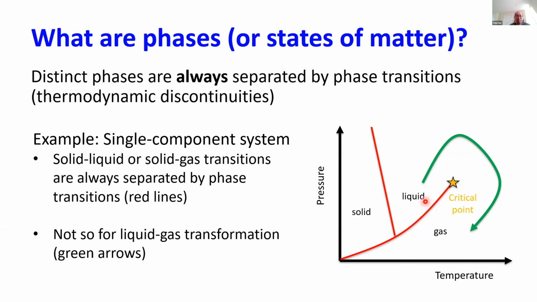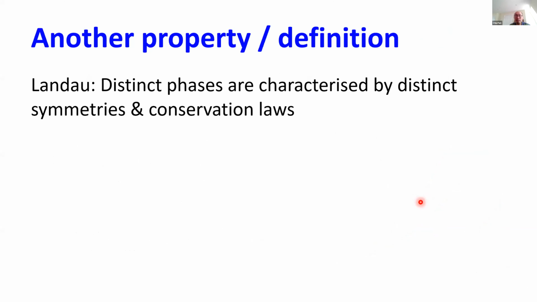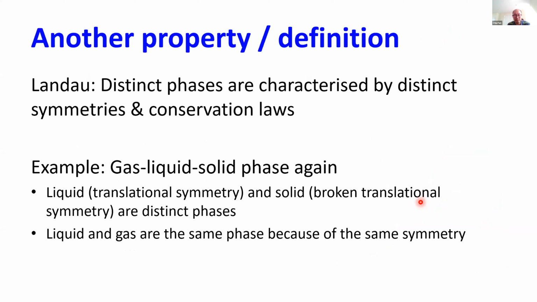And if we look at a slightly different definition, and that's due to Landau, and say, well, distinct phases are characterized by distinct symmetries and conservation laws. If we use that definition and go back to look at the gas, liquid, solid phase diagram again, we will arrive at the same conclusion. Liquid or gas and solid are distinct phases because they have distinct symmetries.